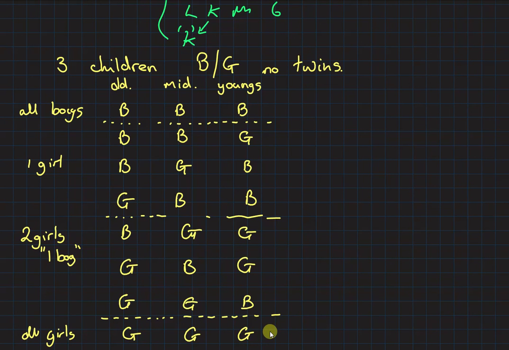So list all the possibilities. And the question was, what's the probability of having 2 older boys? It doesn't care what they are. In which cases are there, how many cases are there where the boys are oldest? Well, the first question is, how many outcomes are there? 8 outcomes.